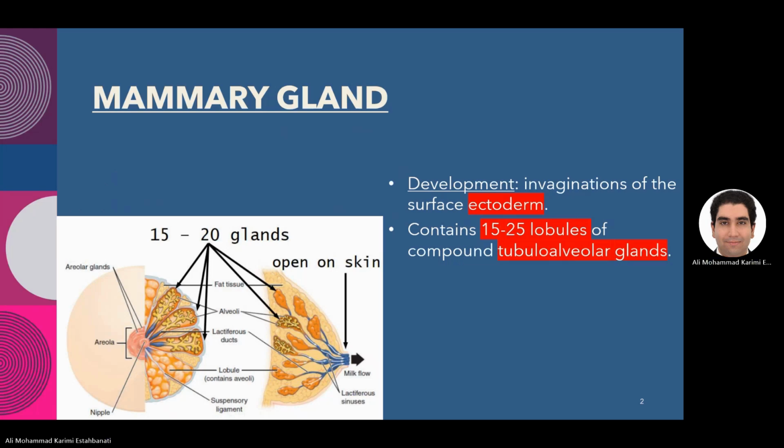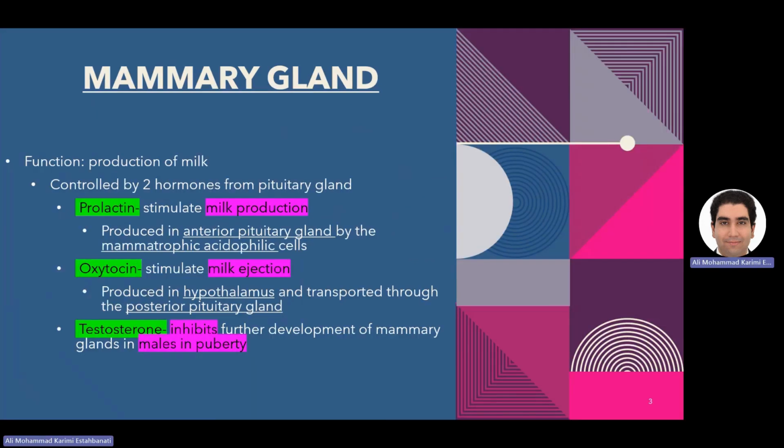Now, the function of the mammary gland, I'm pretty sure everyone knows is milk production, but its function is basically monitored and regulated by two hormones, prolactin and oxytocin.